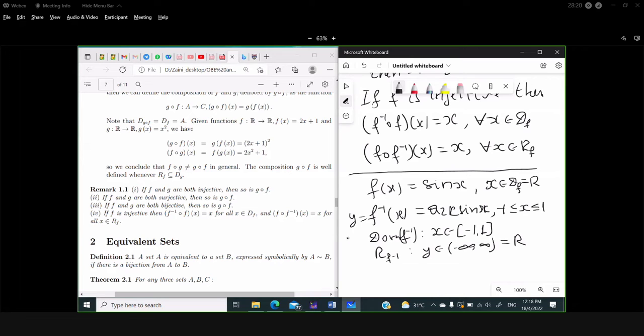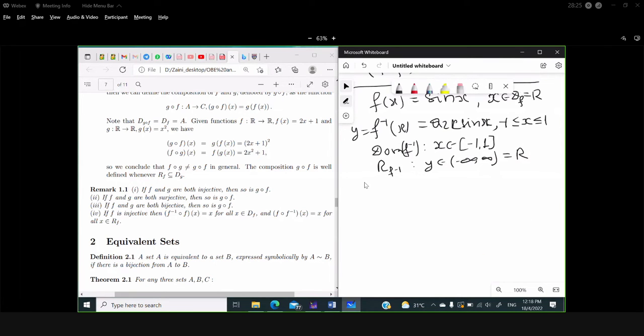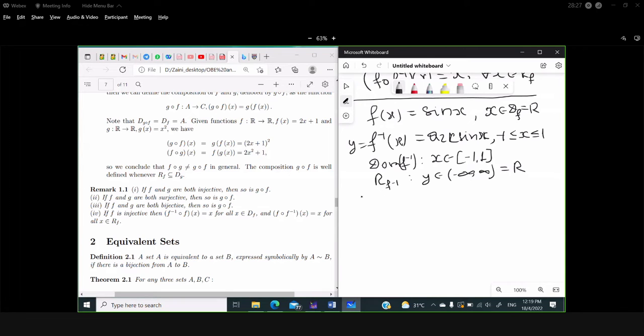Now, what about the composition? Please pay attention. What about the composition, the first case? The composition of f minus 1 and f of x. So it is f minus 1 of f of x.